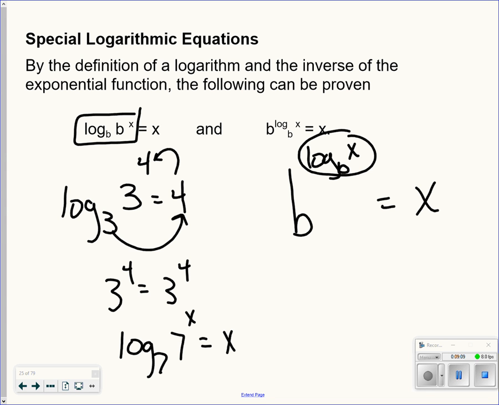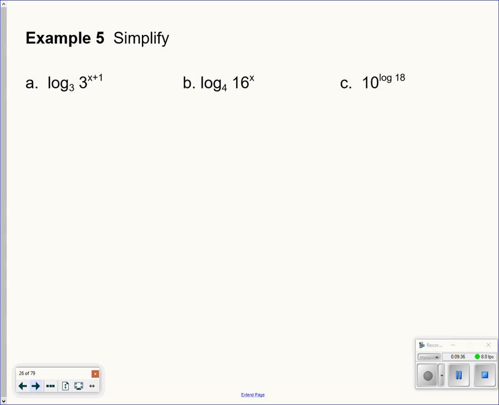So if you ever have a number raised to a log of that same base, whatever the argument is, let's say it's 4, is the answer. So again, something raised to a log is the exponent, and therefore the argument would have to be 4. And so 7 raised to the log base 7 of 4 is 4 in that case.